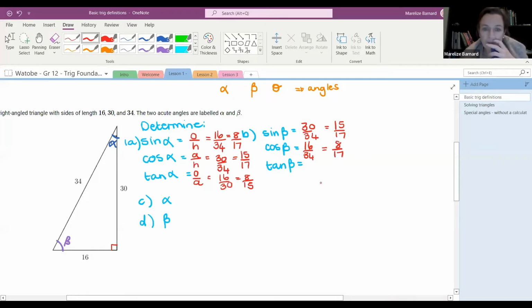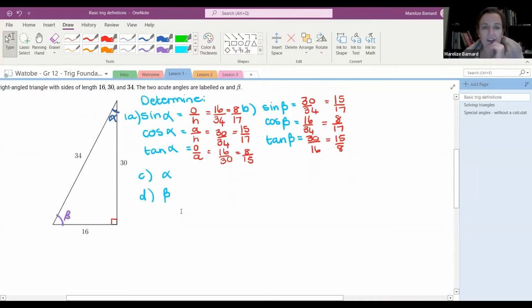And then tan of beta is opposite over adjacent, and that gives me 30 over 16. So 30 divided by 16, and that gives us 15 over 8. Right, wonderful. Thanks, Trix. Let's carry on.